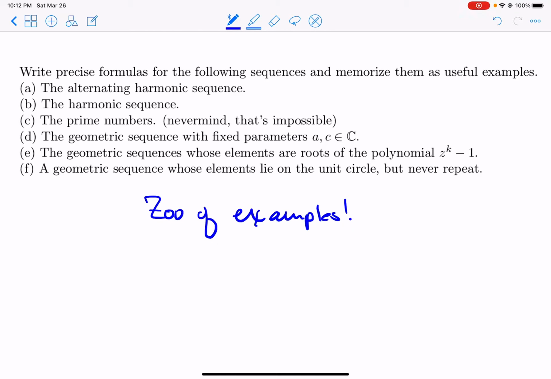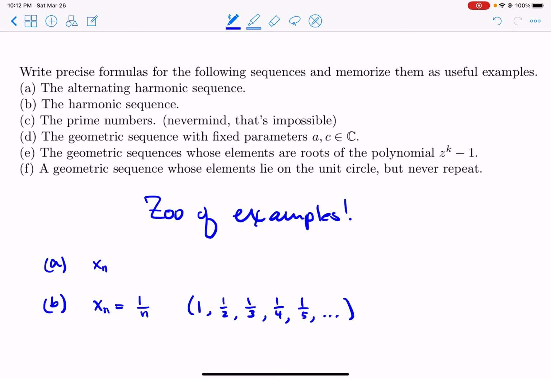Okay. So I'll actually do part B first, the alternating harmonic sequence. The harmonic sequence is xn equals 1 over n. So for example, x1 is 1, x2, x3, x4, x5, etc. But here's the formula.